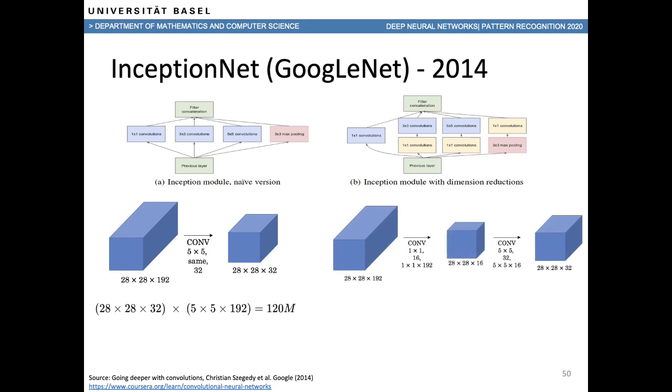So if we look at the numbers here, if we go back from 28 times 28 times 192, and then do a 1x1 convolution to reduce the feature maps down to 16, and afterward do the 5x5 convolutions on this volume with reduced feature maps, then in the first convolution, the 1x1 convolution, we end up with 2.4 million parameters, and in the second one we end up with 10 million parameters. So this would be just 10% of the parameters needed by what they refer to as the naive version of this inception model.